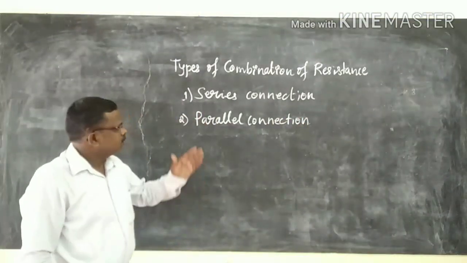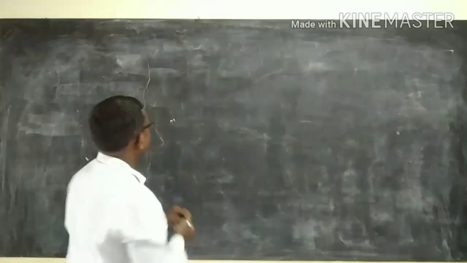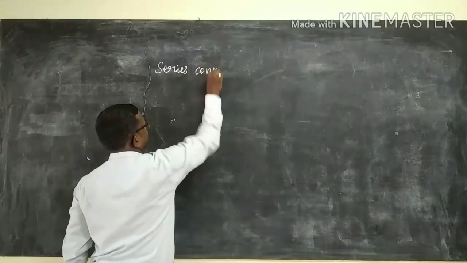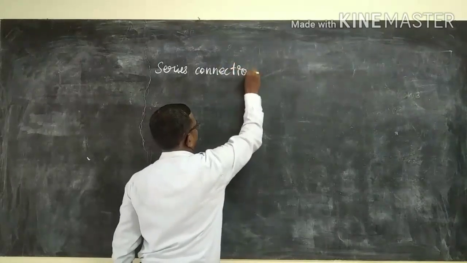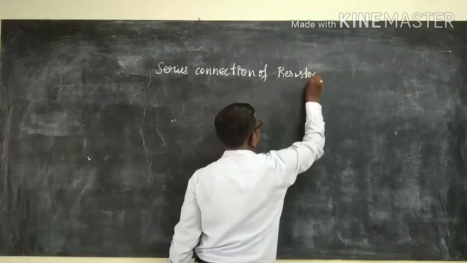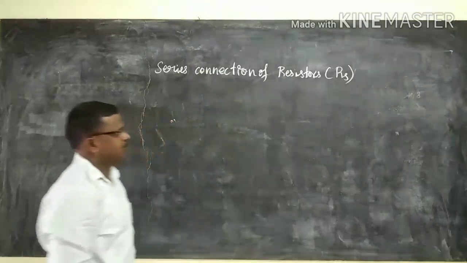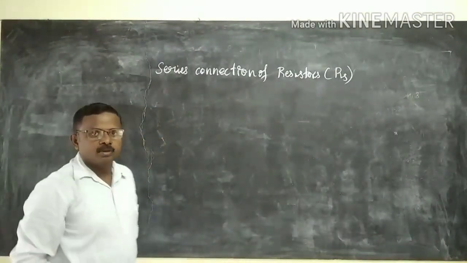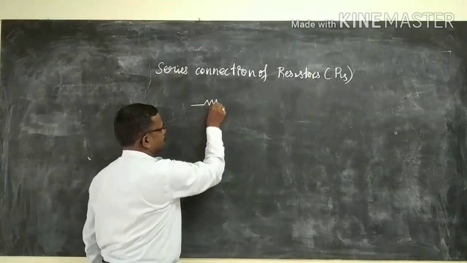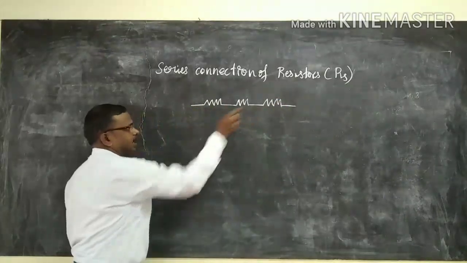Now let us study what is series connection of resistance. Suppose you take three resistors R1, R2 and R3 connected end to end.